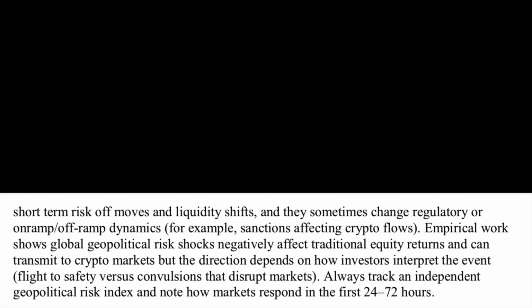For example, sanctions affecting crypto flows. Empirical work shows global geopolitical risk shocks negatively affect traditional equity returns and can transmit to crypto markets, but the direction depends on how investors interpret the event. Flight to safety versus convulsions that disrupt markets. Always track an independent geopolitical risk index and note how markets respond in the first 24 to 72 hours.